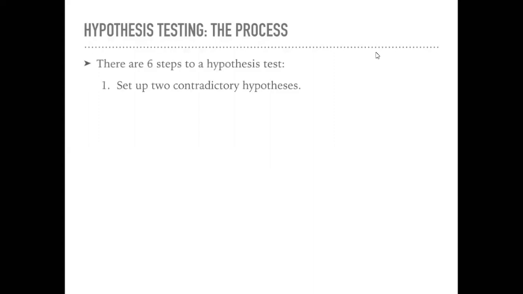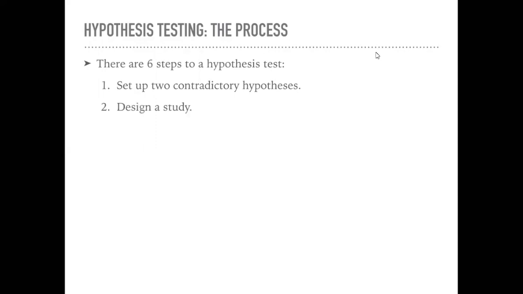Now, the process that you go through for hypothesis testing, which all of you will go through as you do your project for this class, there's 6 basic steps for if you're going to go out in the field and make a claim, collect data, and test it. So the first step is to set up 2 contradictory hypotheses. So you're saying, this is what I claim, and these are 2 things that contradict each other, one of which is my claim.